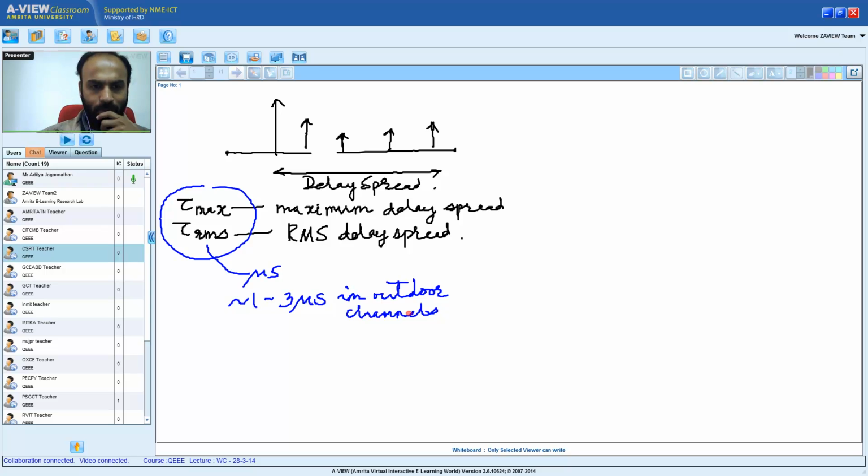and the other important parameter we defined for the wireless channel is the coherence bandwidth.